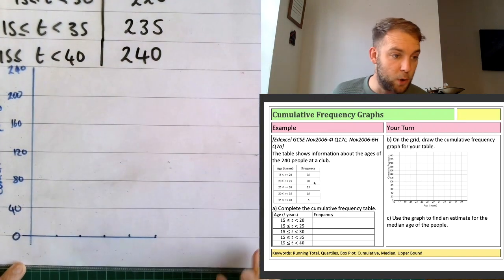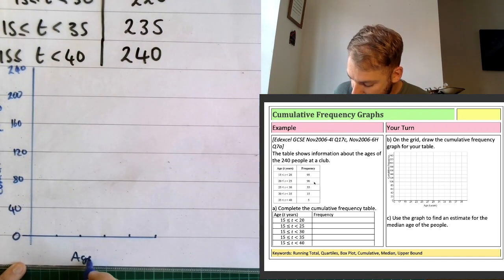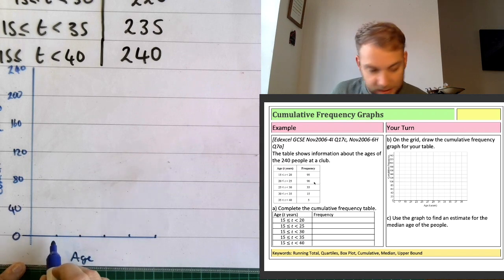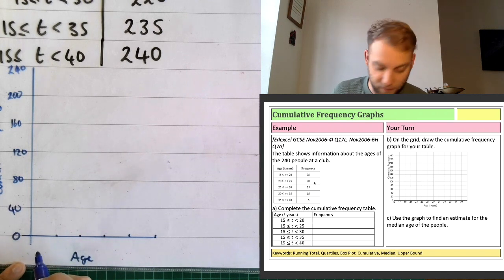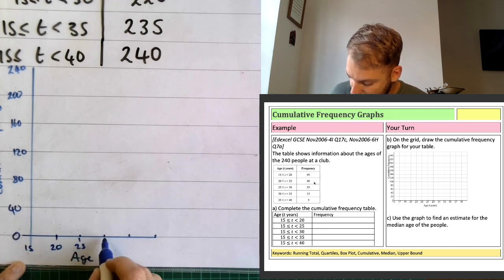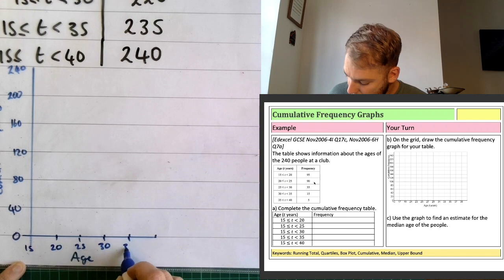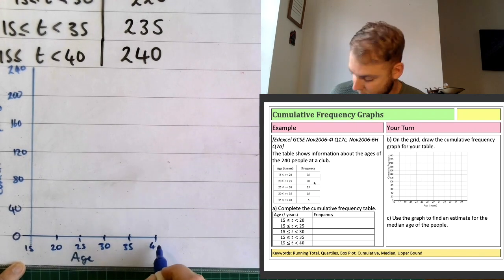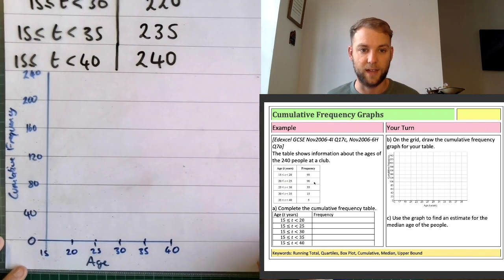At the bottom, we've got the age, haven't we? And this is going to be, what did I say I'm going up in? I'm going up in 5 starting at 15. So 15, 20, 25, 30, 35, up to the age of 40. Super. So there's my graph there.